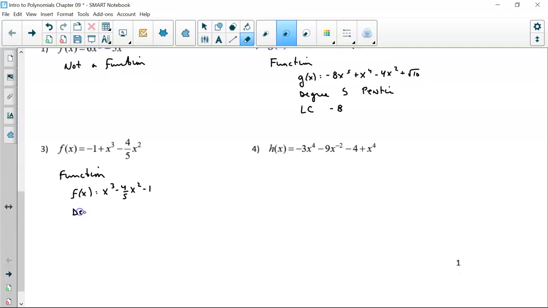So the degree is 3, and we call that cubic. And our leading coefficient is a positive 1. Number 4, if we look, we see that negative second power. That's no good. It's not a function.